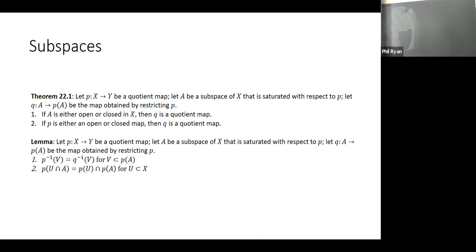And also, the image of U intersected A is equal to the image of U intersected with the image of A, for any subset U of X. Remember, typically this inclusion only goes one way, but in the case of a quotient map, that's always true. So this isn't saying anything yet about Q being a quotient map or not.